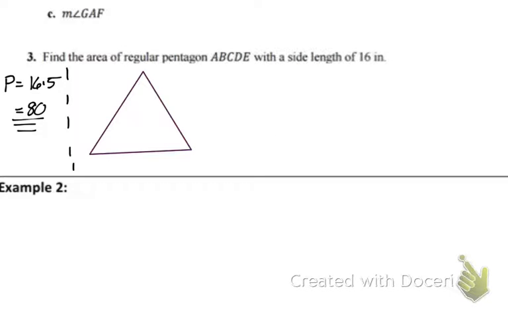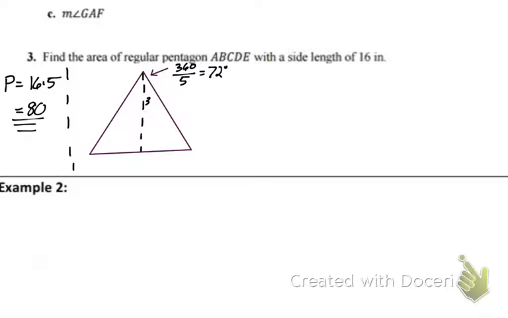And how we got that, just a real quick reminder, that would be 360 divided by 5 equals 72 degrees. All right, so if that's 72 degrees, this must be 36 degrees.